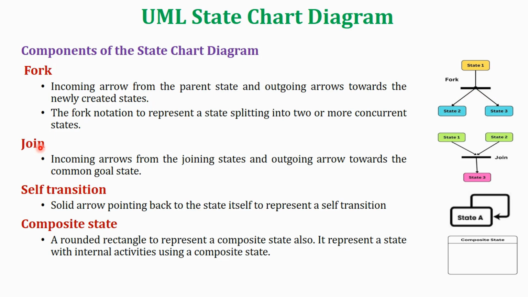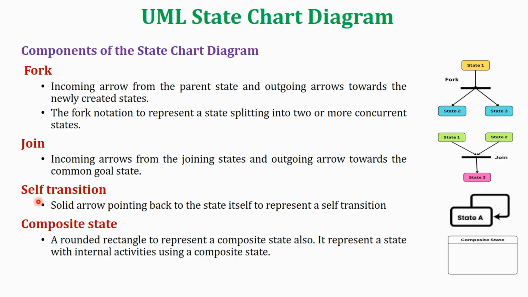And next one is the joining: the incoming arrows from joining states and an outgoing arrow towards the common goal state. For example, it gets input from more than one state and passes a single output to the final goal state.